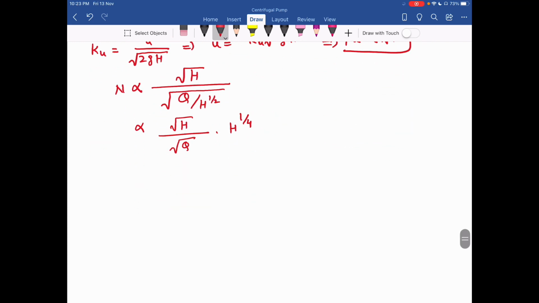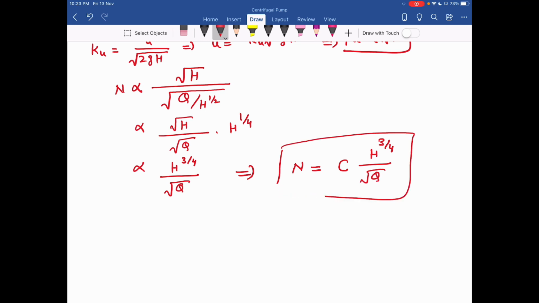Further I can write it as H raised to the power 3 by 4 divided by the square root of Q. Now I can write N equal to C, the constant of proportionality, times H raised to the power 3 by 4 divided by the square root of Q, where C is the constant of proportionality.